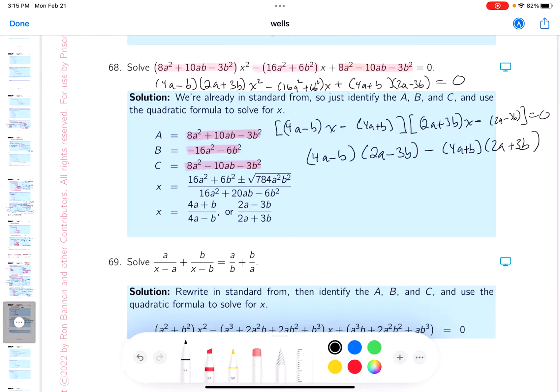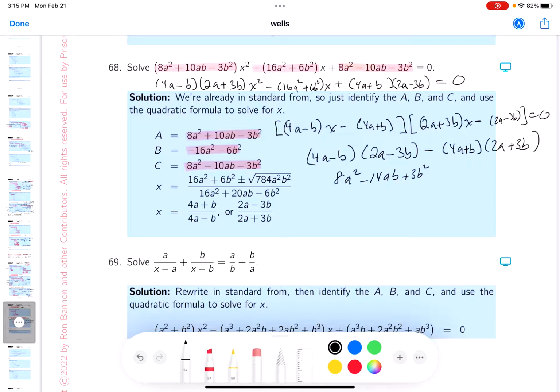And I'll be honest with you, I don't know if it's going to work. Let's take a look at it. 8A squared minus 12AB minus 2AB is minus 14AB. And then I get plus 3B squared. Let me just pause for a moment, make sure I did that right. 8A squared, got that.